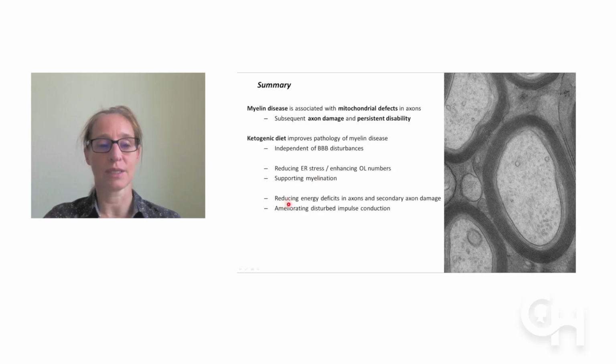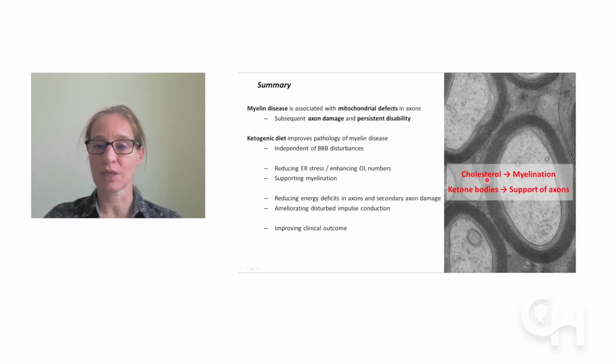More importantly, ketogenic diet reduces energy deficits in axons and ameliorates disturbed impulse conduction, which improves the clinical outcome in our mouse models of PMD. So to summarize, while cholesterol mainly supports myelination, the ketone body treatment supports the well-being of axons.